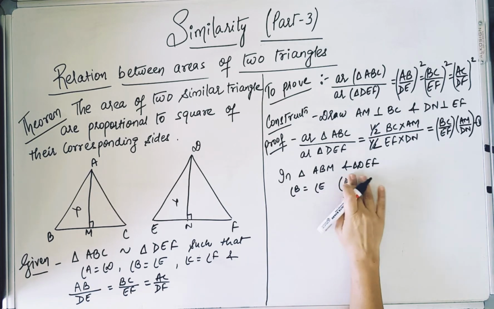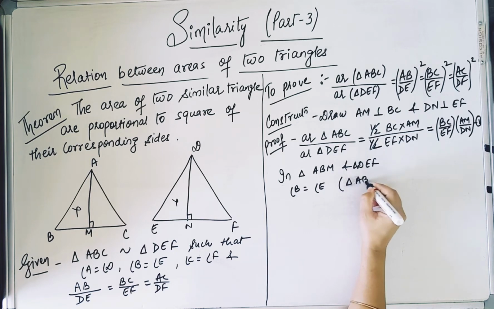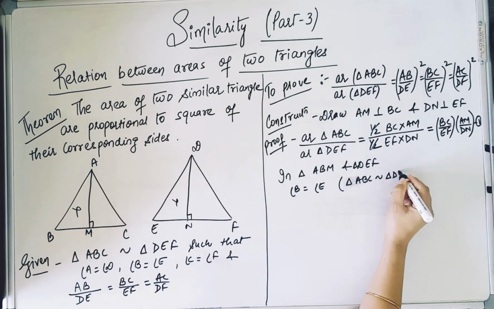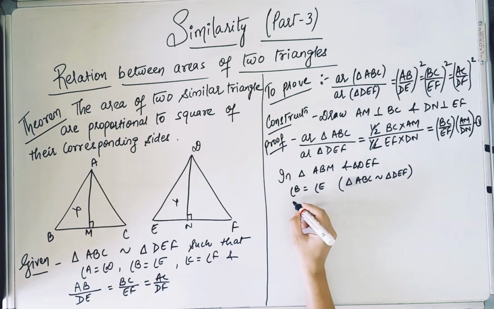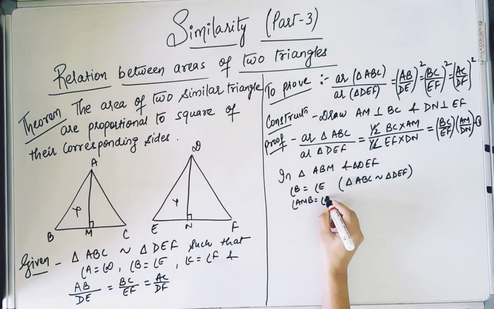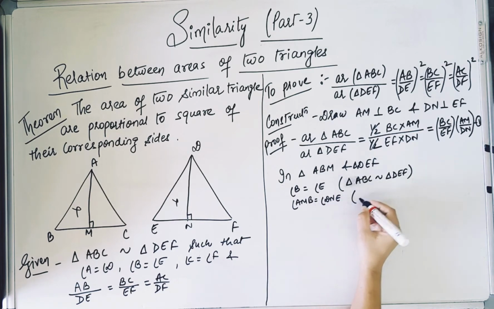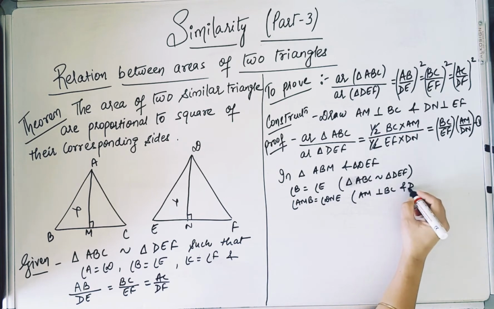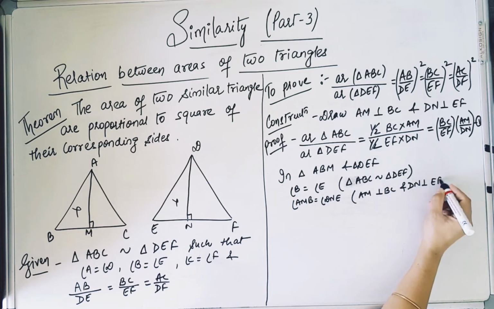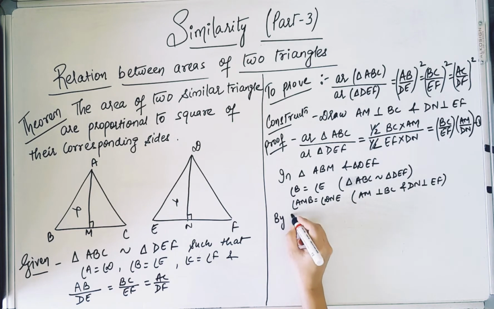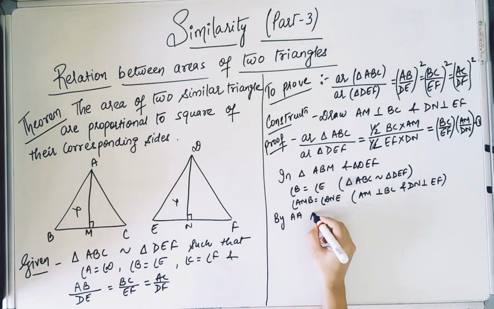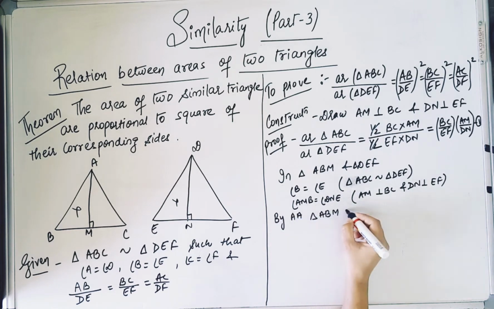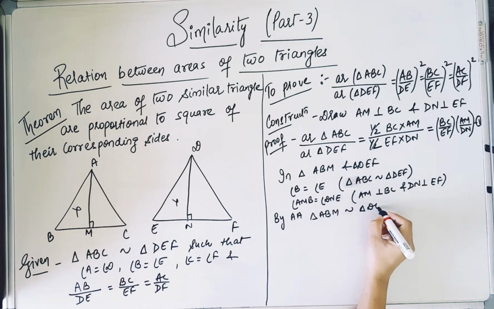Because triangle ABC is similar to triangle DEF. And also angle AMB equals angle DNE, because AM is perpendicular to BC and DN is perpendicular to EF. So by AA similarity, triangle ABM becomes similar to triangle DEF.